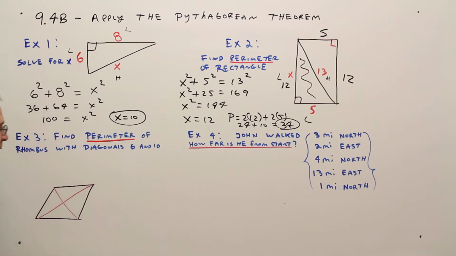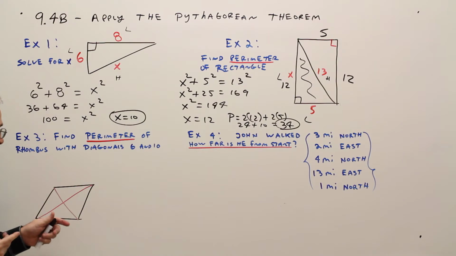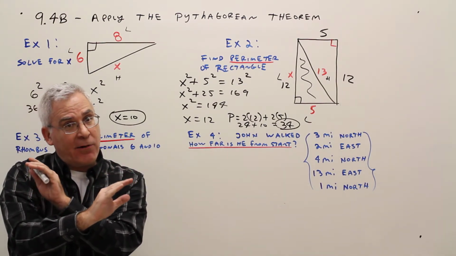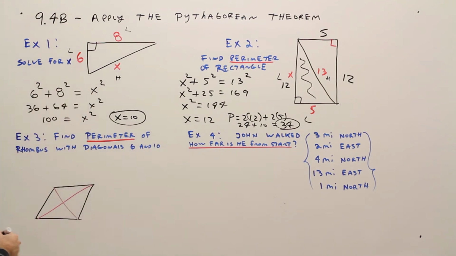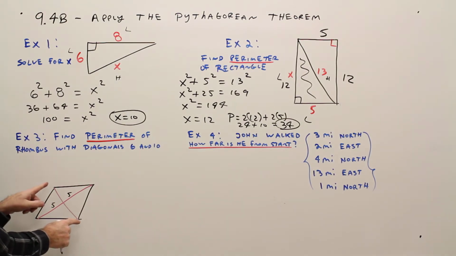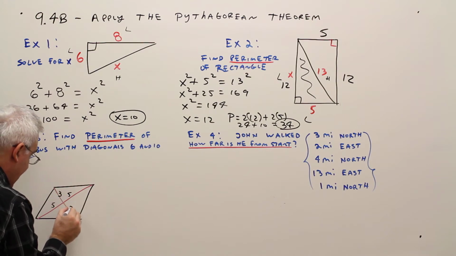Okay, if you want, you can make the longer diagonal be the 10, the shorter one be the 6. Remember that a rhombus is a parallelogram and the diagonals bisect each other. So if this whole diagonal is 10, it's really 5 and 5. If this whole diagonal is 6, it's really 3 and 3.